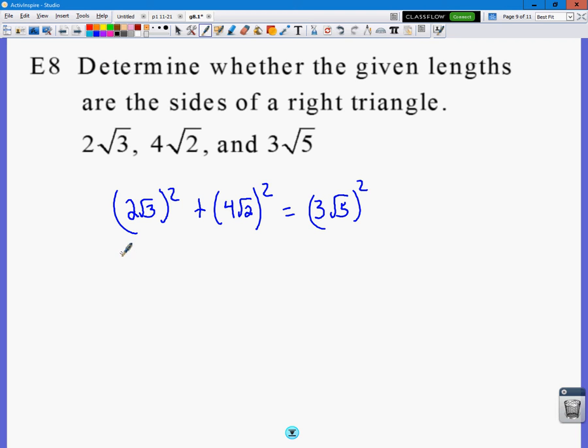Well, this would be the same as 2 squared times the square root of 3 squared plus 4 squared times the square root of 2 squared equals 3 squared times the square root of 5 squared.